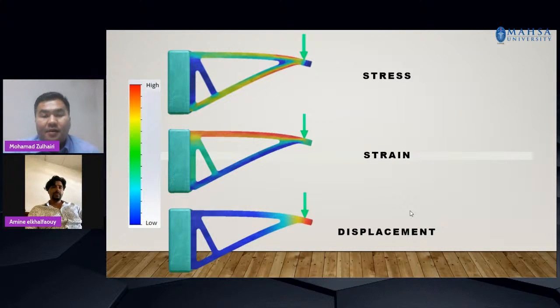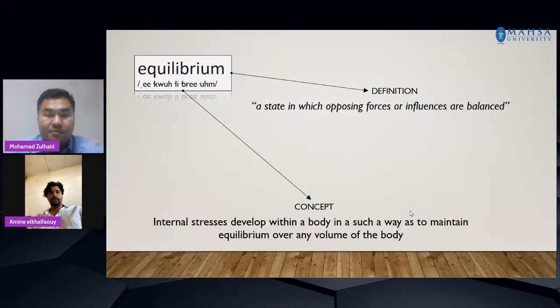From the finite element analysis, after we conduct the computational work, we will get the values of stress, strain, and displacement, and then we can identify which location has the most critical stress, critical strain, or critical displacement. As shown in the figure, the red color shows that the stress is very high, and the strain is also very high at the top surface, and the displacement is also very high at the end of the bracket.